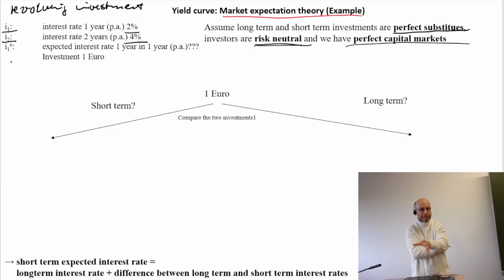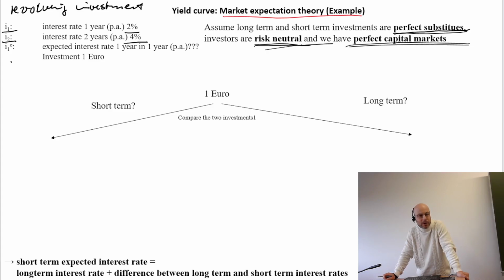So I have a very liquid market, and also there are no capital controls. So there is no country which prohibits me from investing anything. Or what we find in practice also is, if you want to invest as a foreigner in another country, that you have to pay for it. So this we will also skip in our model here. So: perfect substitutes, risk neutrality, and perfect capital markets.